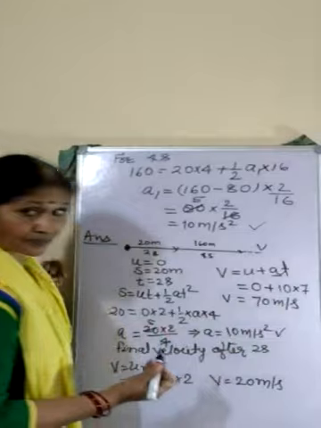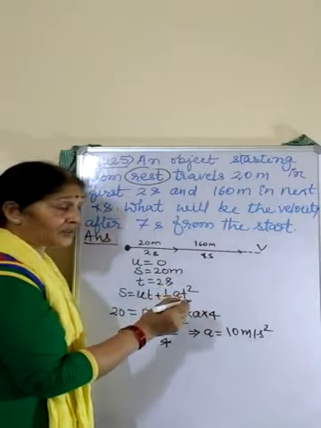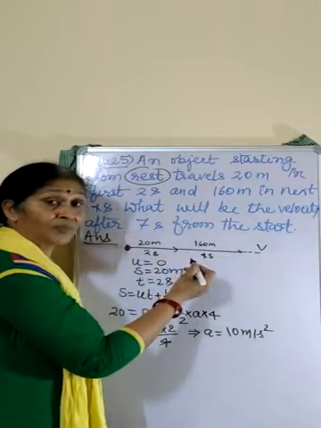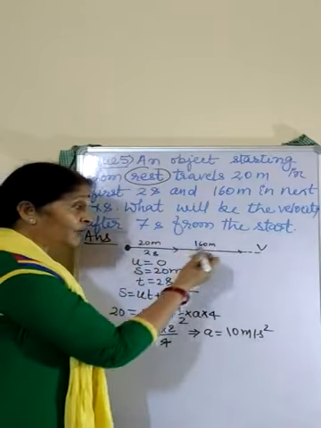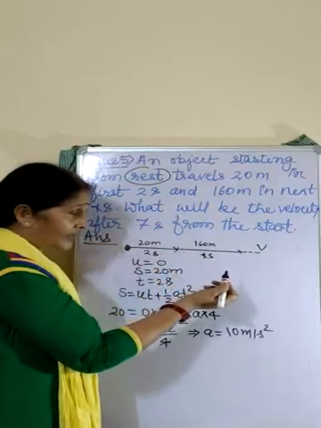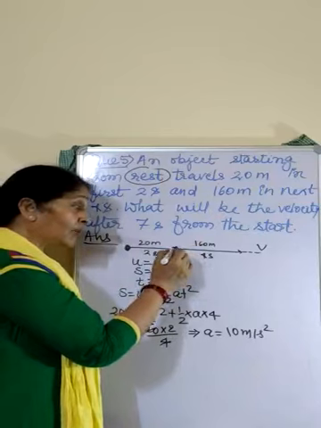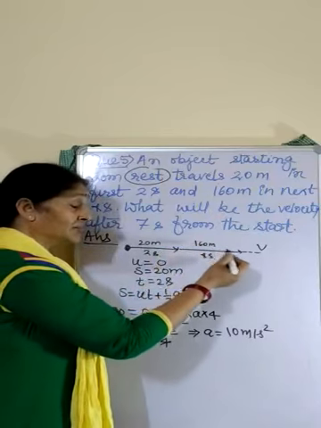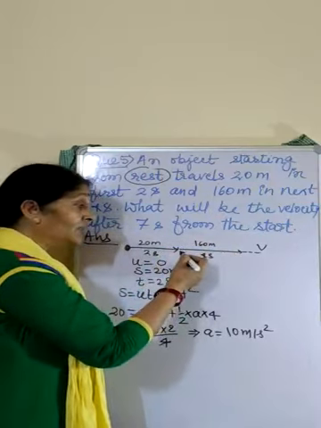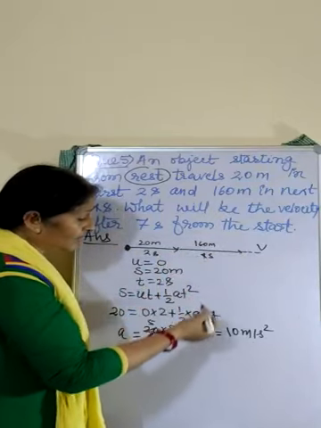Now let us see what the acceleration is during the next 4 seconds. For this we need the initial velocity after 2 seconds, the final velocity we do not know, and the time and distance traveled are given. So to find the acceleration during this period, we need the initial velocity, which we can find from this information.